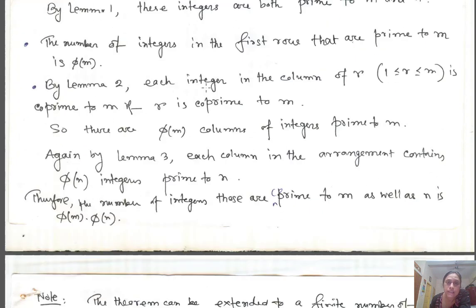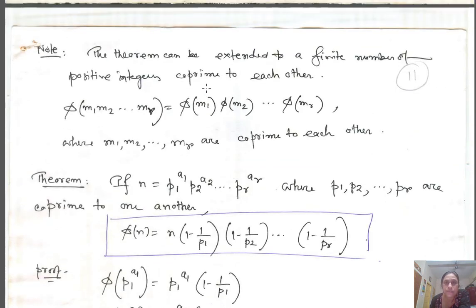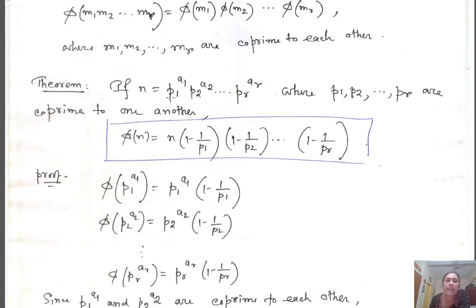The third one is the more general formula that if n has the prime factorization p1 to the power a1, p2 to the power a2, up to pr to the power ar, where p1, p2, pr are co-prime to one another, then phi n is n times 1 minus 1 by p1, 1 minus 1 by p2, up to 1 minus 1 by pr.